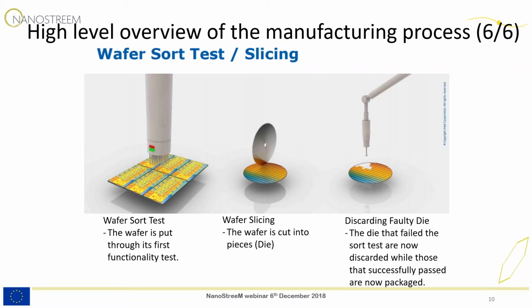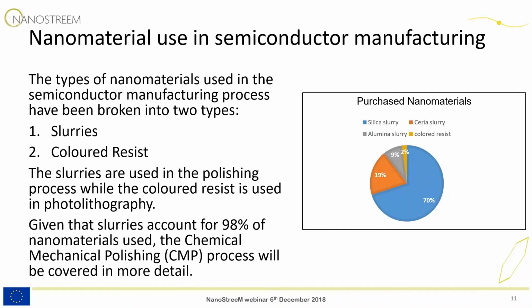Okay, so in terms of this, you'll have heard me talk about photolithography and the resist that we use there. We do have some of the companies in the consortium that utilize a colored resist, but the biggest use of our nanomaterials is in what we call slurries within this polishing area.